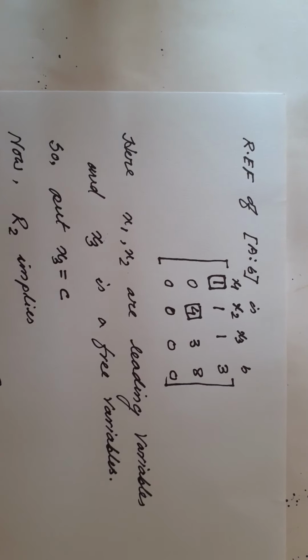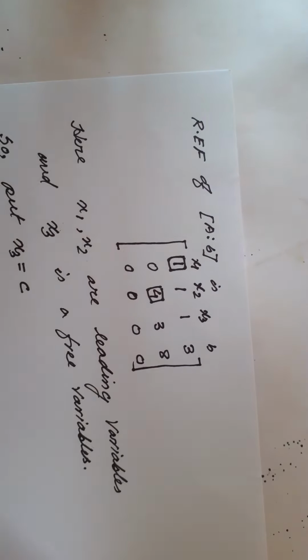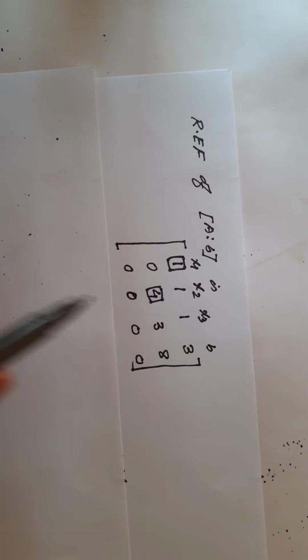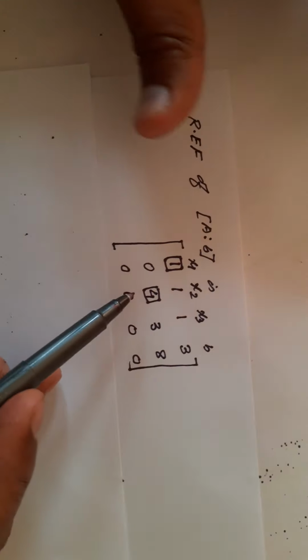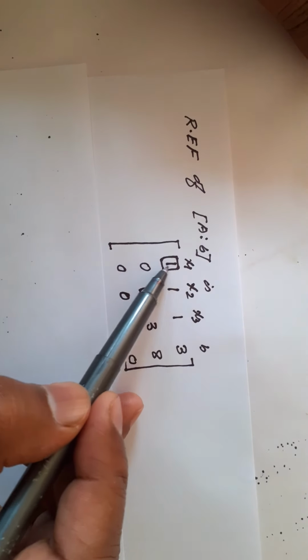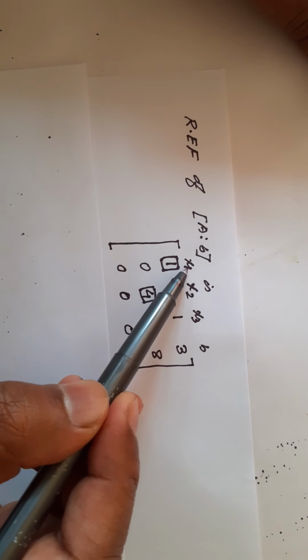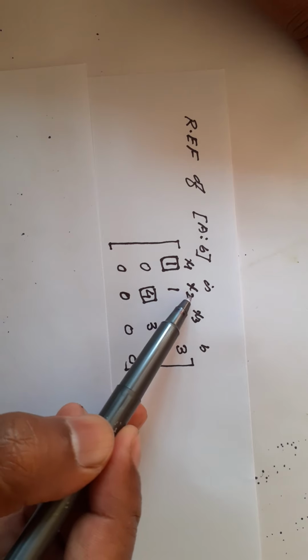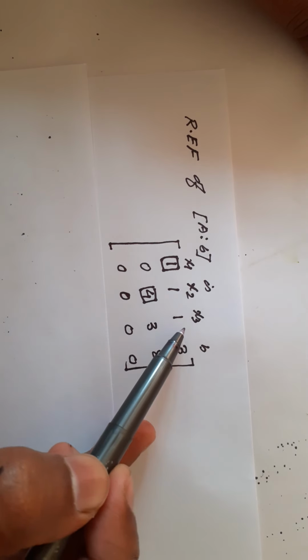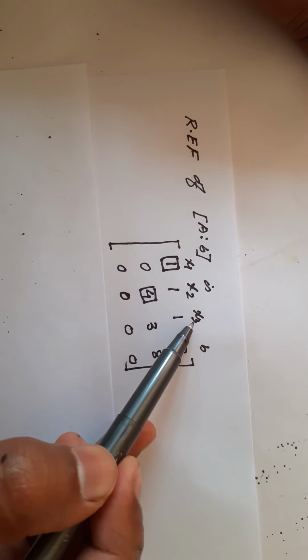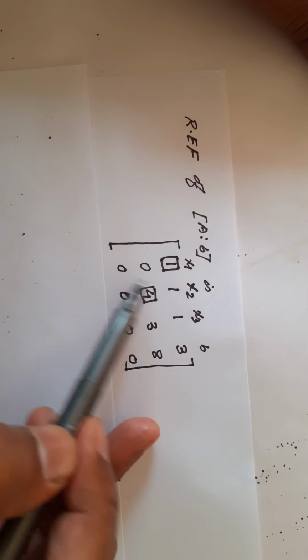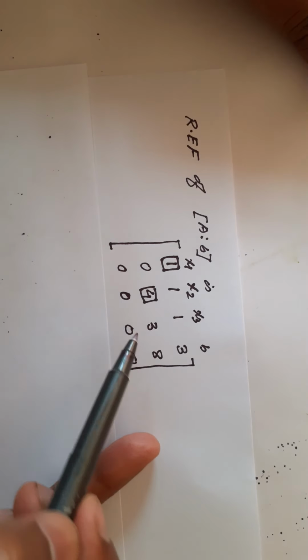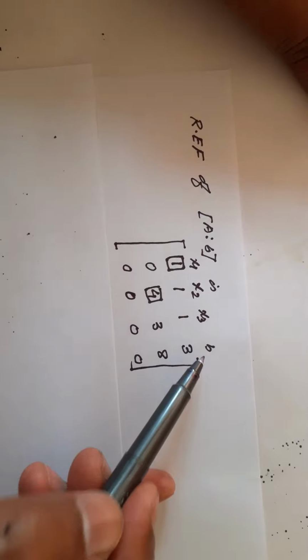Note that the REF of AB is this. Again recall that the first column entries are nothing but the coefficients of x1, the second column entries are the coefficients of x2, and the third column entries are the coefficients of x3. So we will designate these columns by x1, x2, x3, and the last column is due to b.